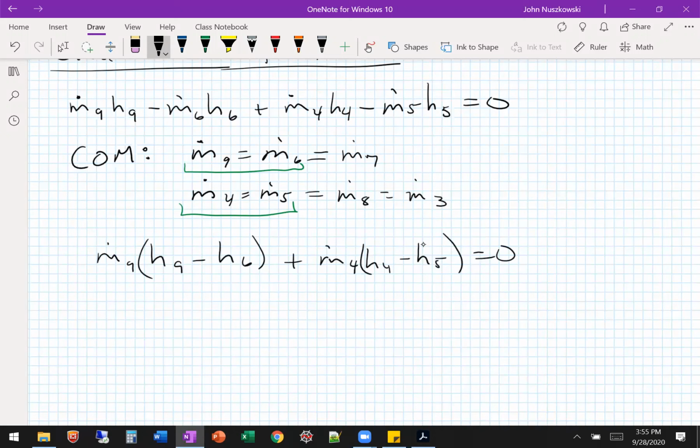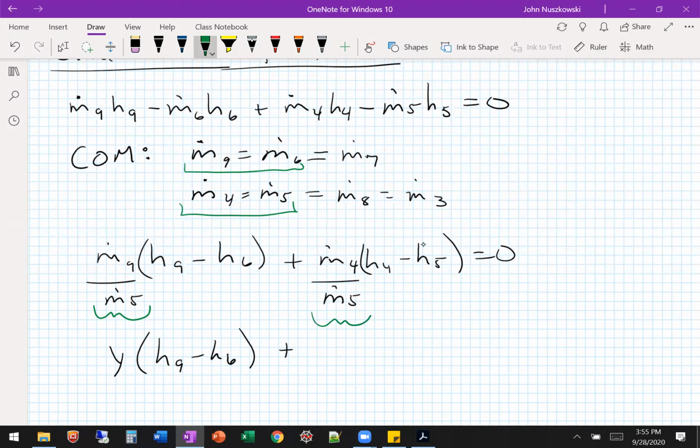Okay, so we have this. We need to again divide by mass flow rate 5. What's mass flow rate 9 divided by 5? Y, yeah, so that's Y. And 4 divided by 5? Just 1.